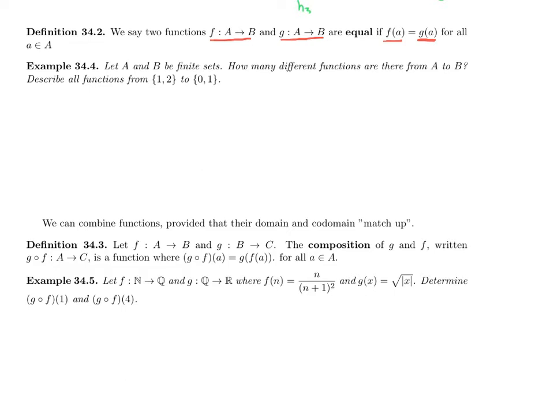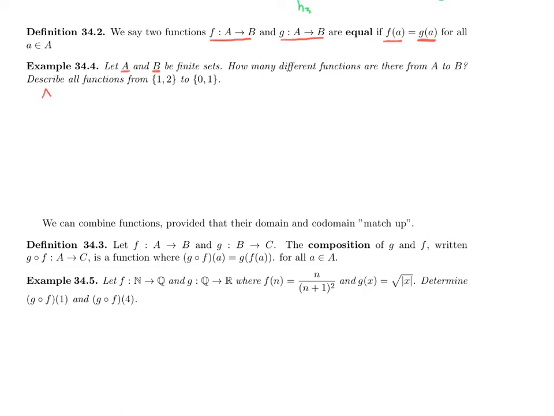Now here's a good little example. A good thing to ask is, if you have 2 finite sets, how many different functions exist between them? So let me get you started off here.